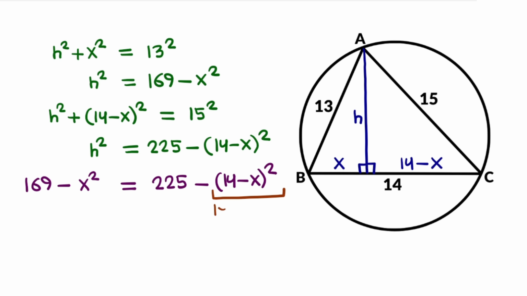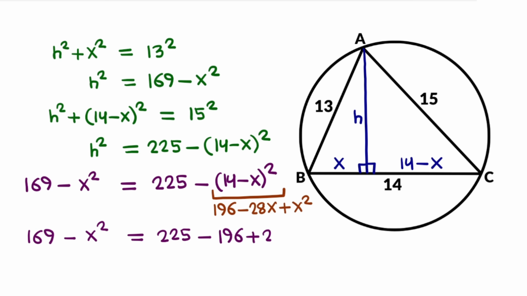That becomes 196 minus 28x plus x squared. Substituting that in gives 169 minus x squared equals 225 minus 196 plus 28x minus x squared.